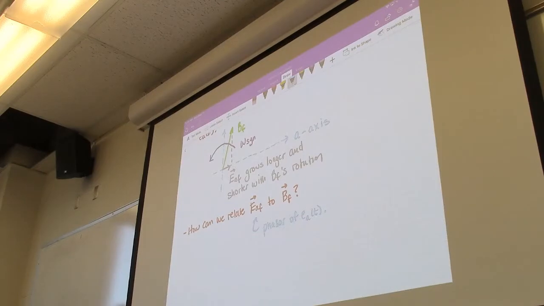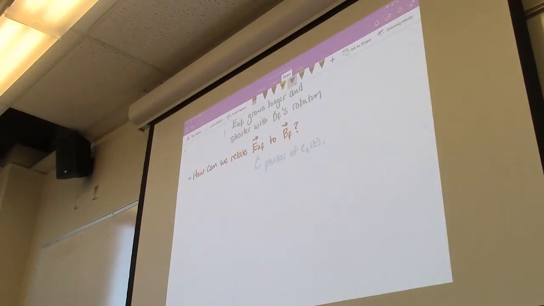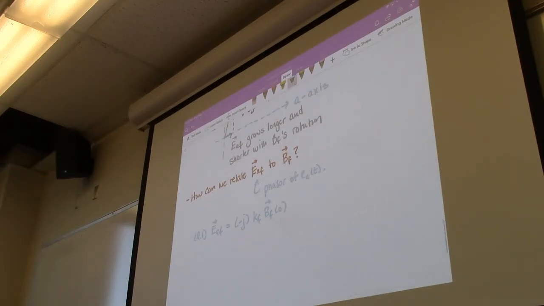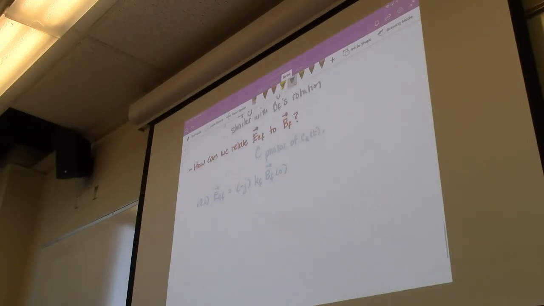Okay, so equation 9.1 from the textbook tells us that EAF is equal to, we'll explain this in 1 second, negative j KF BF of 0. Now BF of 0 is the vector at time equals 0.